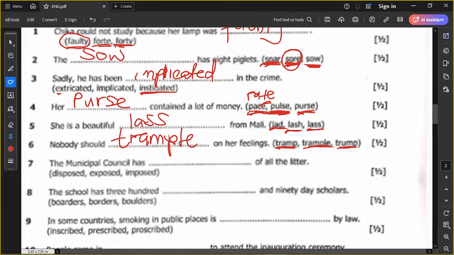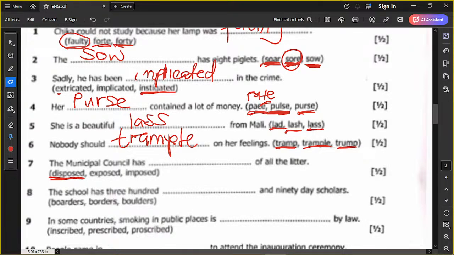We go to question 7. Question 7. The municipal council has dash of all the litter. Okay, so that one we have got disposed, exposed, imposed. Okay, so disposed, that is to throw away, or get rid of.